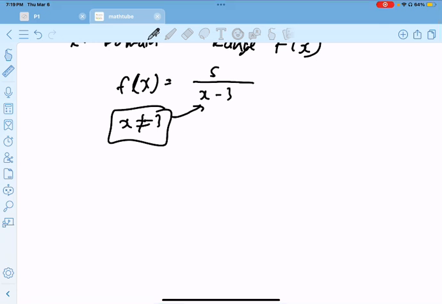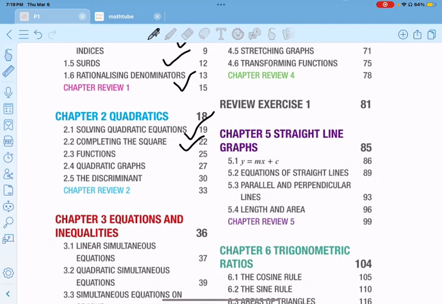What is the range? If you draw a curve of this, you basically get the range, okay? You get the minimum value, the maximum value, and all that stuff. Yeah, that's how you basically do this. So that's basically what introduction to functions is.